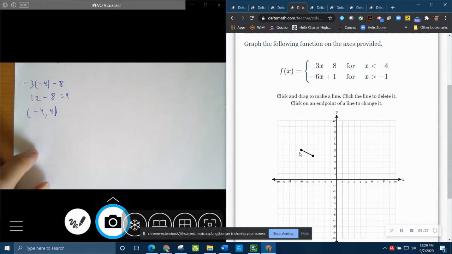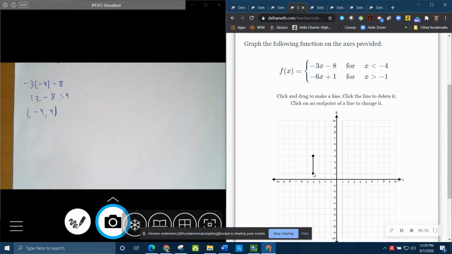Well, I know that the slope is -3. If you look at that rule right there, -3x minus 8, mx plus b, the slope is -3. So if the slope is negative, I need a downhill line like this. Normally you would go down 3 and right 1, but that's the wrong direction. We want to go to the left.